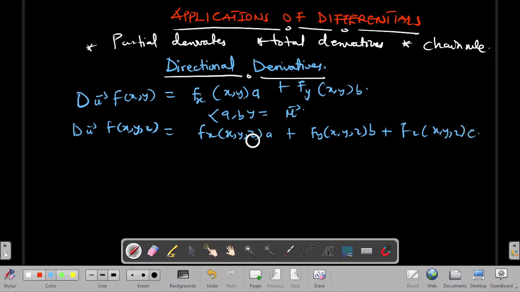So here you realize that your vector is going to have three components, a, b, and c like this. So that's the idea. So simply, we are just trying to relate the rate of change of our function with respect to a certain point.